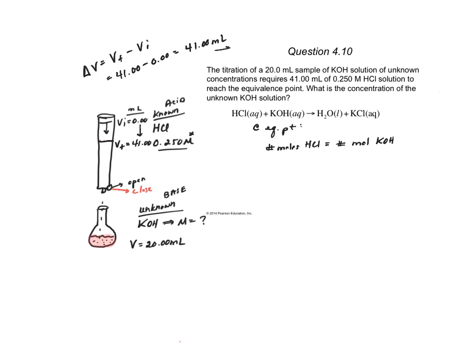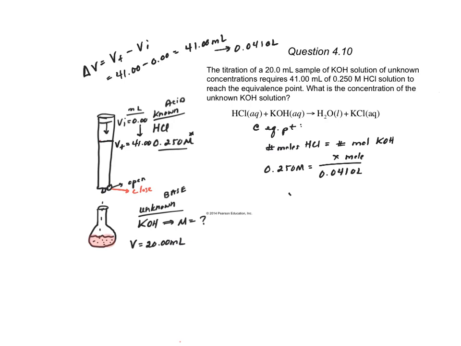Okay, so again, with respect to molarity, we have to convert this to liters. We're going to move the decimal 3 places to the left, and we have a volume of 0.041 liters, okay? Now, if the concentration is 0.250 molar, then we need to take the volume and multiply it by the concentration to solve for this unknown number of moles, okay?